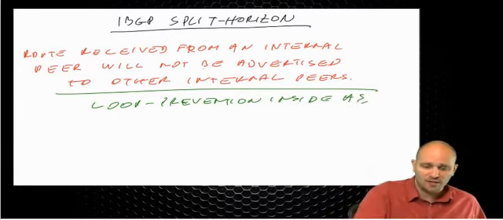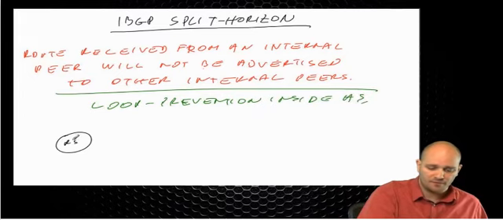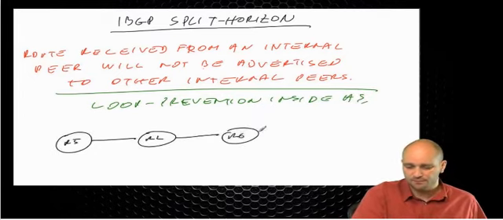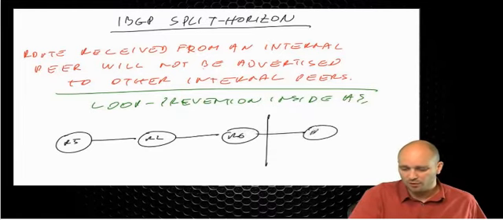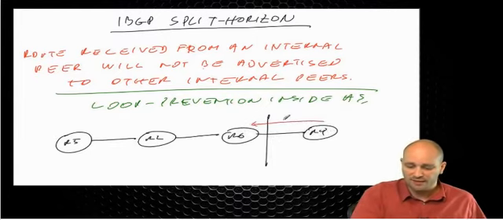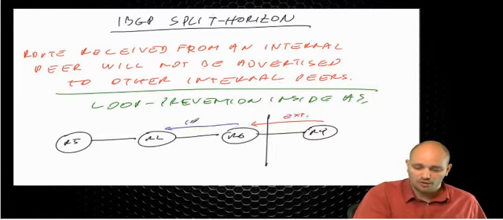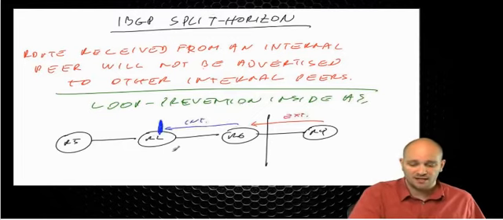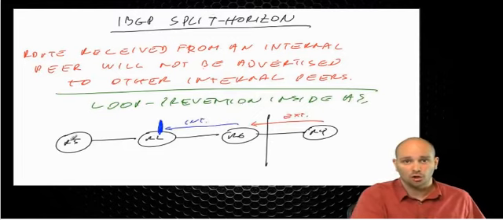So what we have here now is R5 connected to R2, connected to R6, which is connected to R9. Now, when R9 advertised the route to R6, this was an external route. Now, when R6 advertised the route to R2, this was an internal route. And R2 will not advertise an internal route to an internal peer.